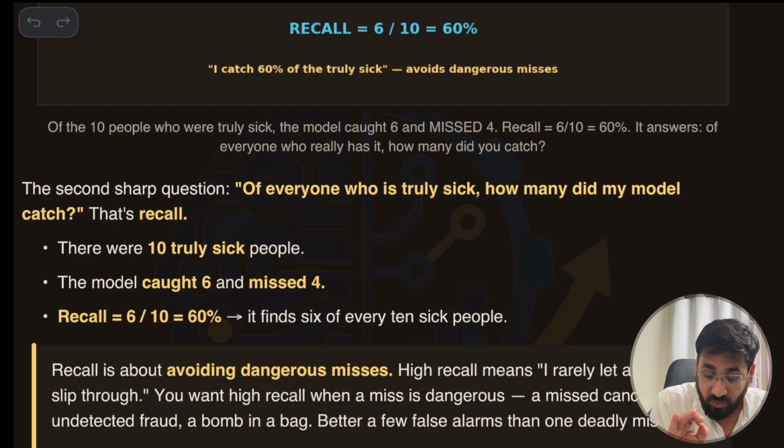High recall means I rarely let a rare case slip through. You might want high recall when a miss is dangerous: a missed cancer, an undetected fraud, a bomb in a bag. Better a few false alarms rather than a deadly miss. You got the concept?